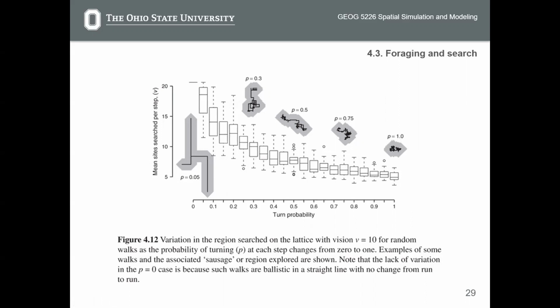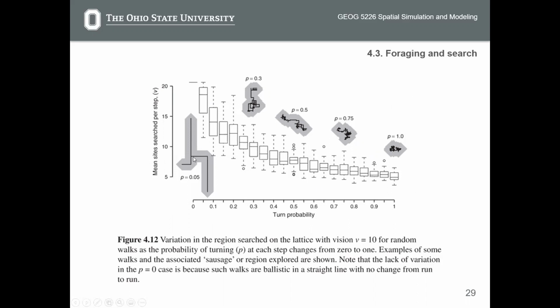Okay, so we have a lot of box plots here to show you the mean size searched per step. Obviously, when the p-value is equal to 0, we have the largest number for mean size searched per step. And this value drops accordingly when the p-value increases, when the turn probability increases.